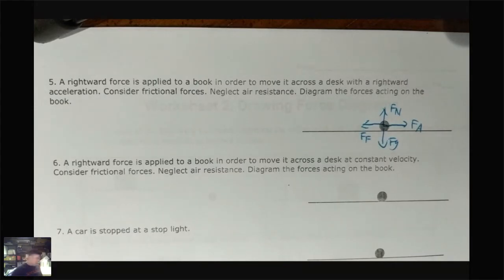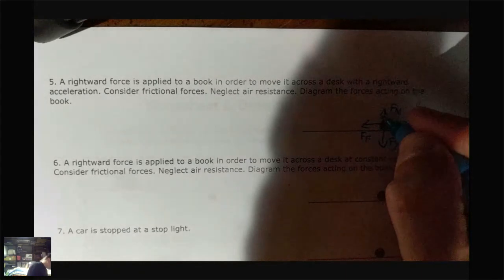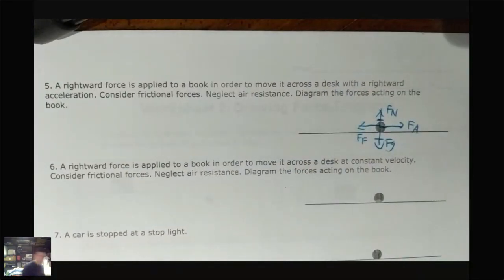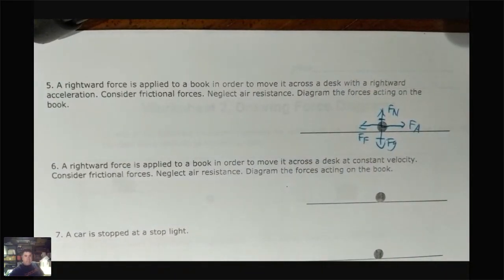Right. So Grace says up and down must be equal, and that is absolutely correct. And I know that up and down have to be equal because we aren't accelerating up or down. Okay, now there's one more claim we can make about this, because we know we are accelerating to the right.